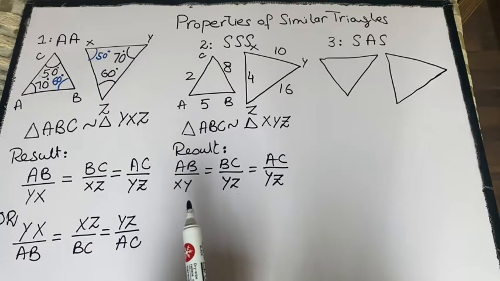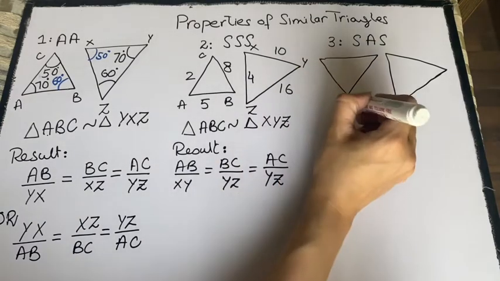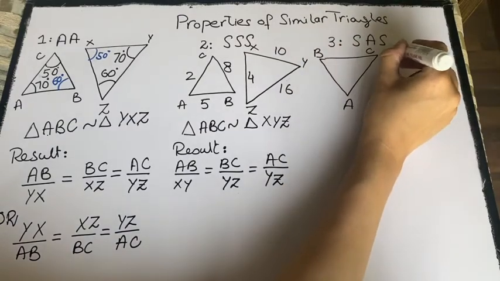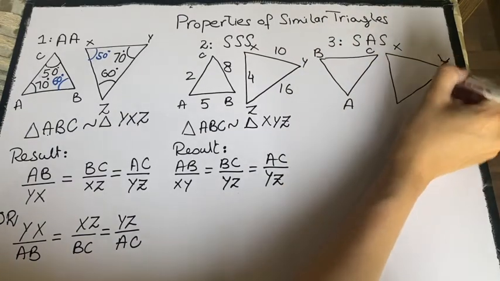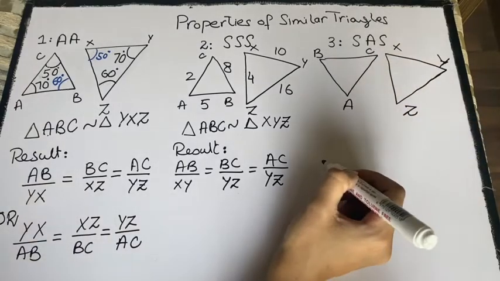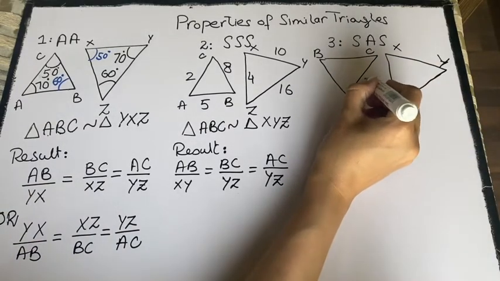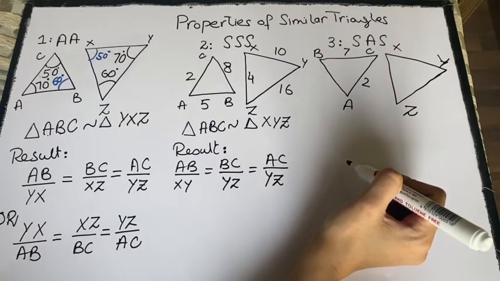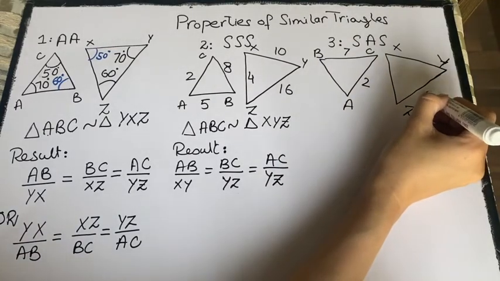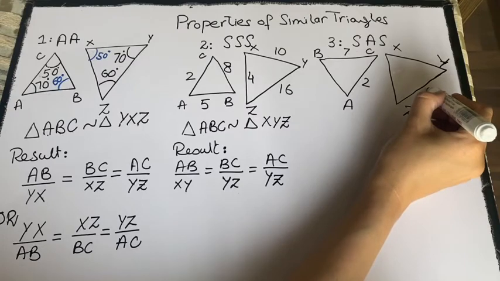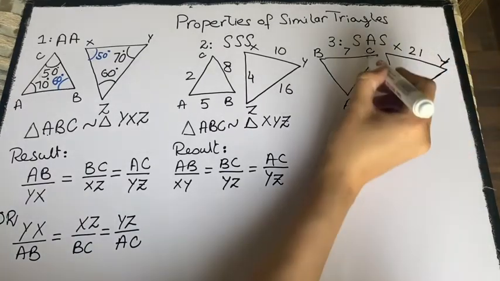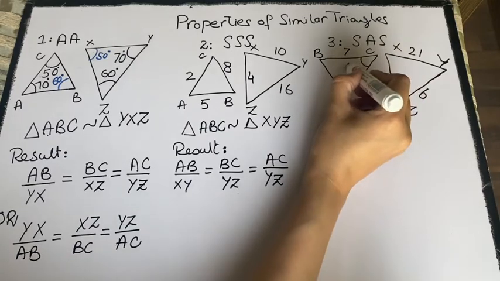Now we will move to the third property. A, B, C and X, Y, Z. If you are given two sides, 2 and 7, let's say here you have 6 and 21, and the angle is 50.